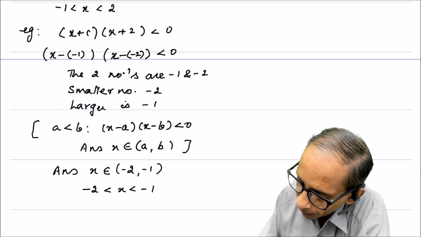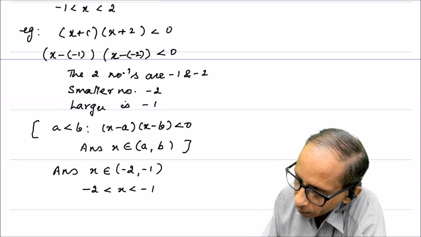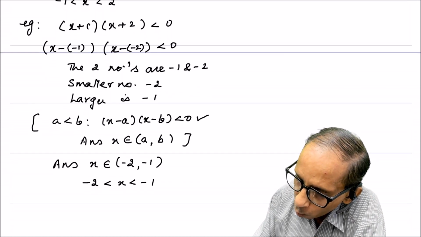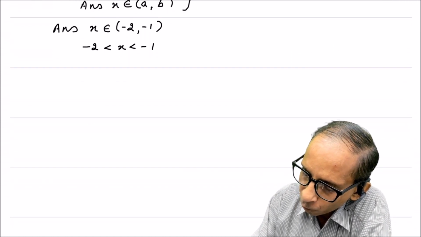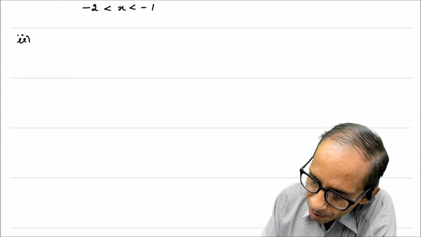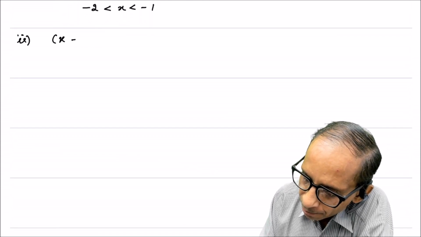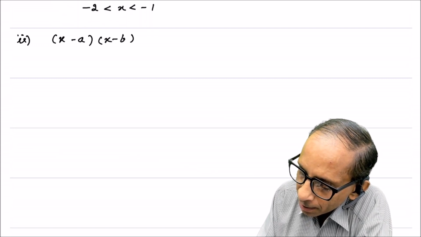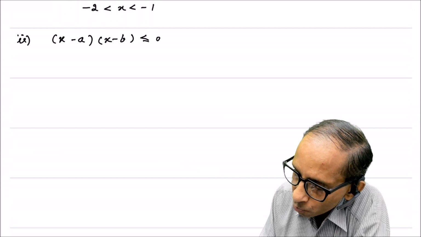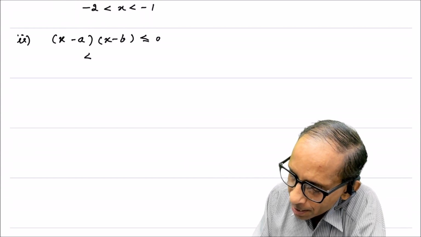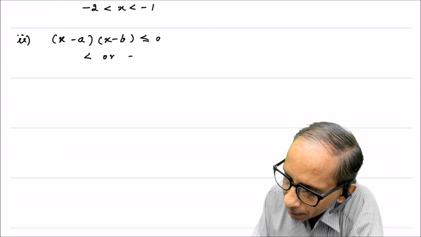Once we are through with the case of quadratic inequality of this particular type, we now go for the next particular type of quadratic inequality, which is x minus a, x minus b less than or equal to 0. When we read this, it is less than or equal to 0.